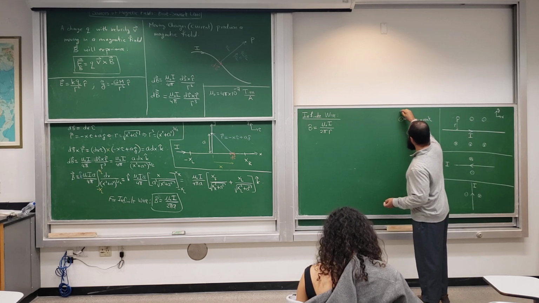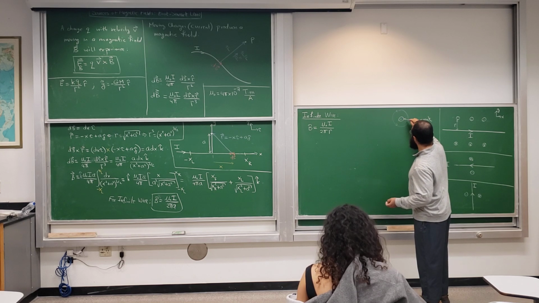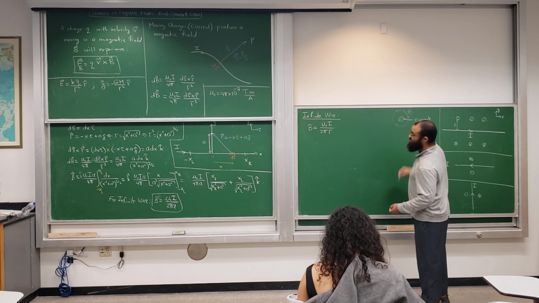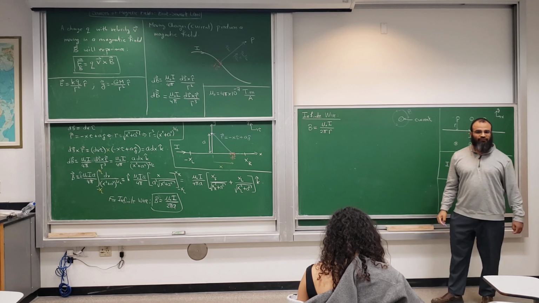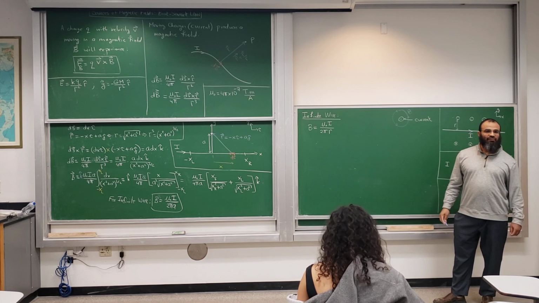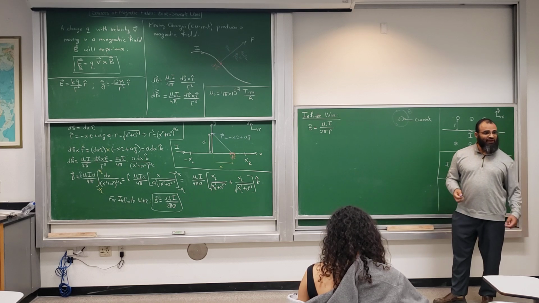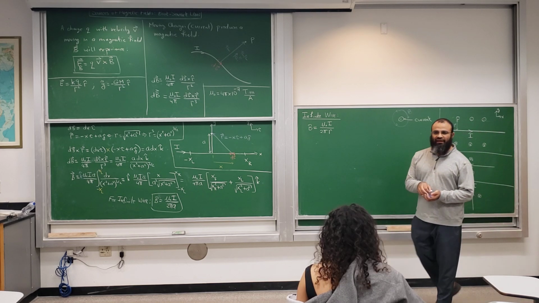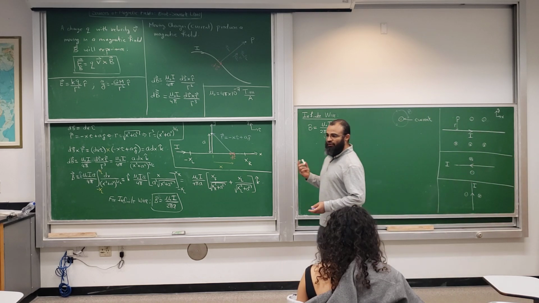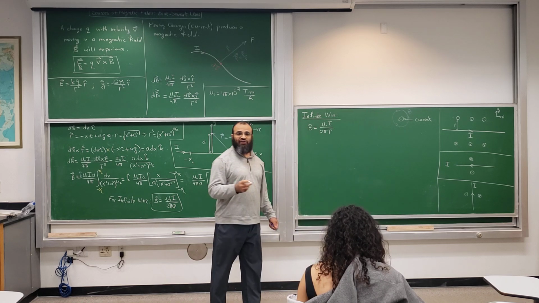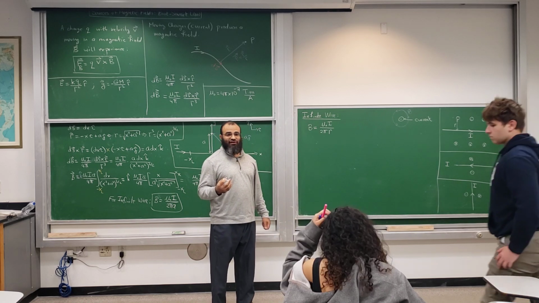So for straight wires. Now just to get a feeling of how big is a magnetic field from an infinite wire, let's say you have a wire, it carries 1 ampere of current, which is large.